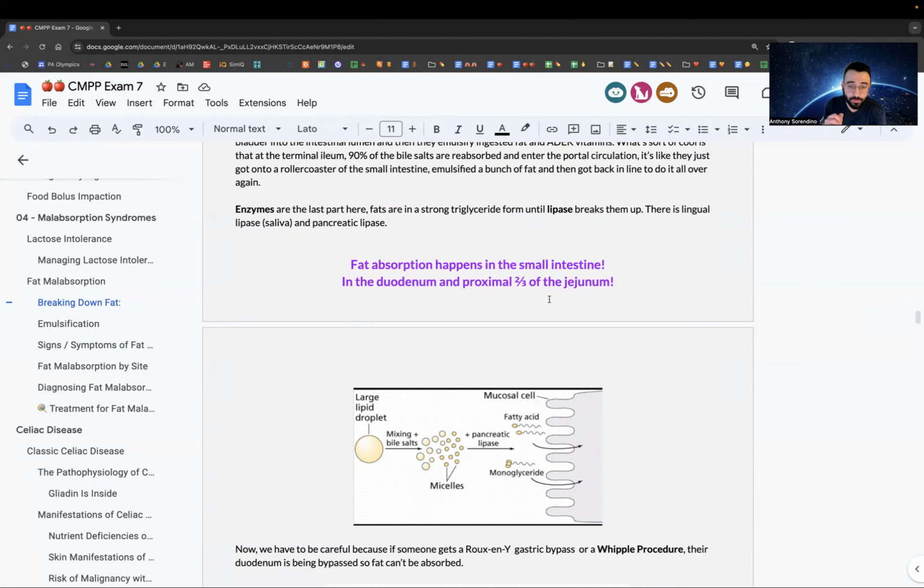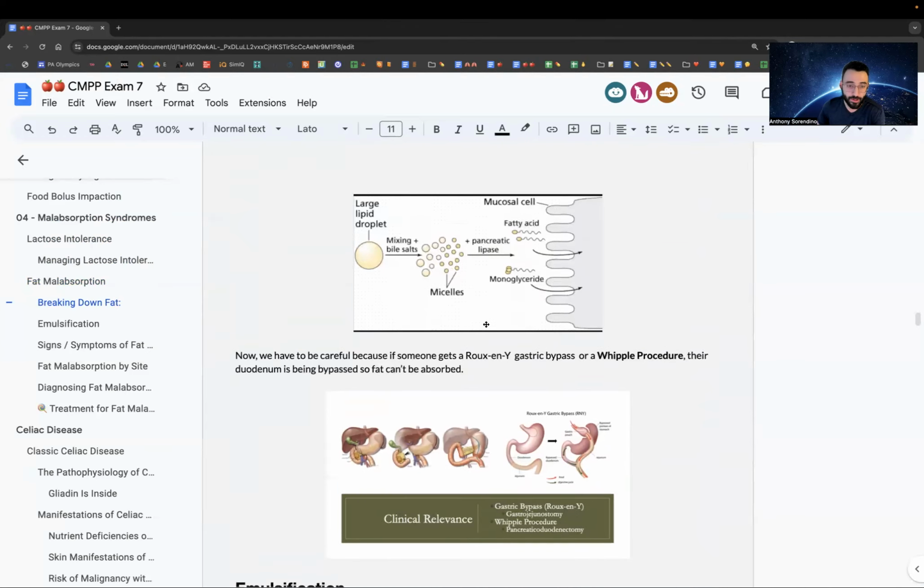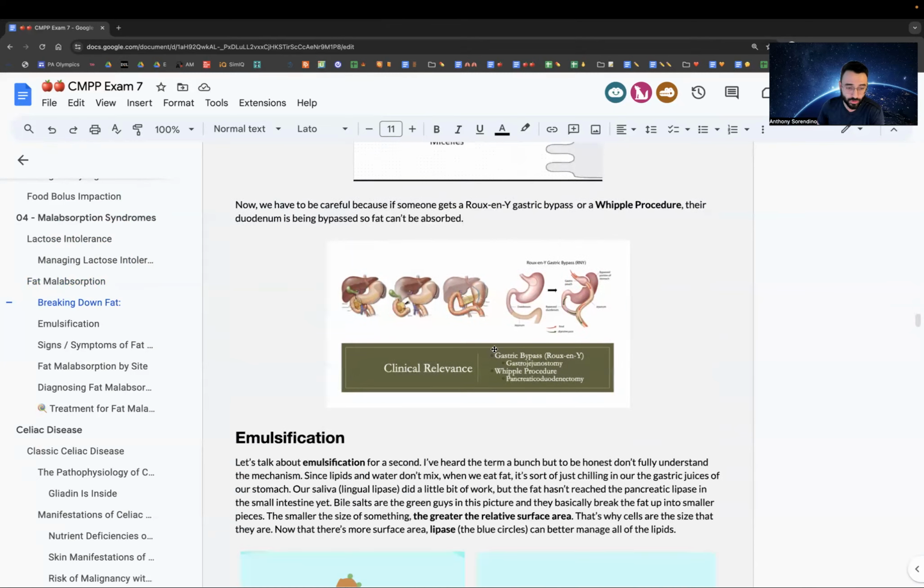So in the duodenum, and then in the proximal 2/3 of the jejunum is where fat absorption is going to happen, okay? We want to be careful with something like a Roux-en-Y gastric bypass or a Whipple procedure, because part of the duodenum or the entire duodenum is being bypassed, so fat can't be absorbed. So be careful with those.